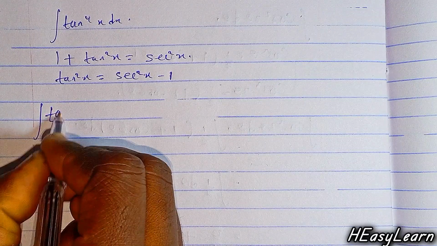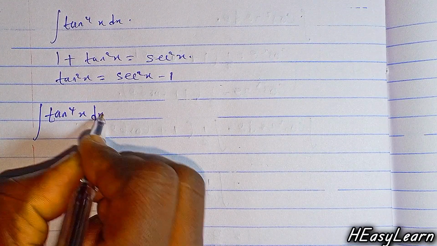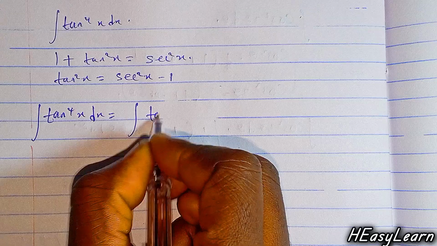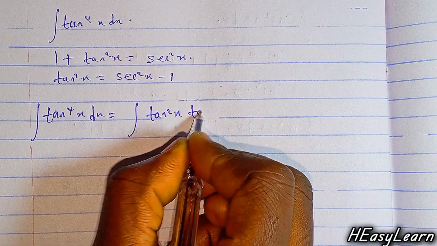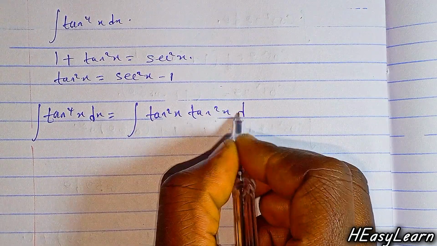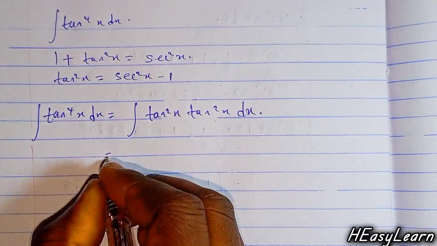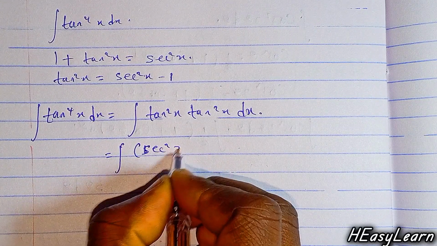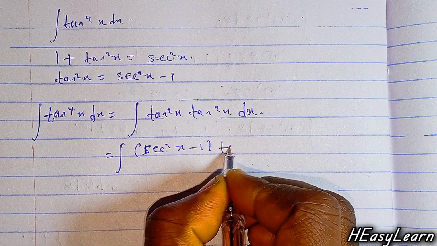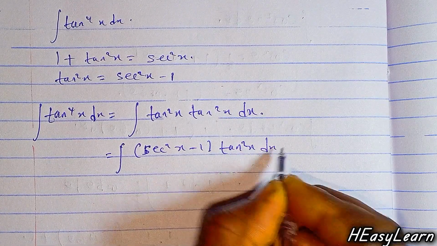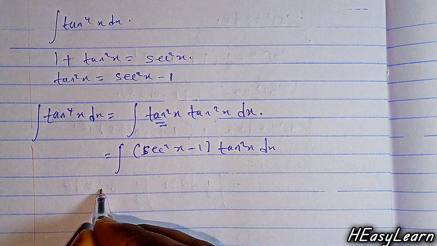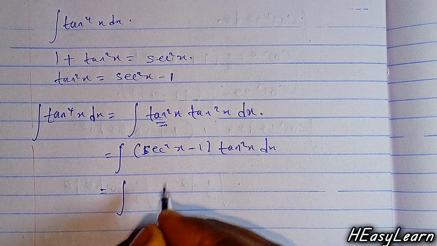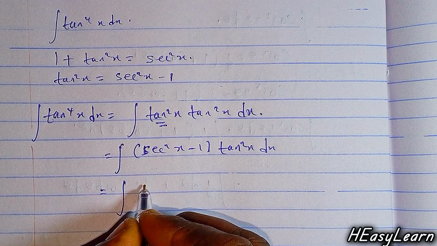So to integrate tan 4x dx, this is the same thing as tan square x times tan square x dx. So what is tan square x from above? Sec square x minus 1 multiplied by tan square x dx. We only change the first one, then multiply through by what? Tan square x.